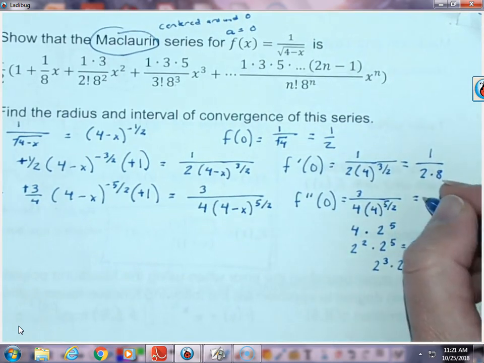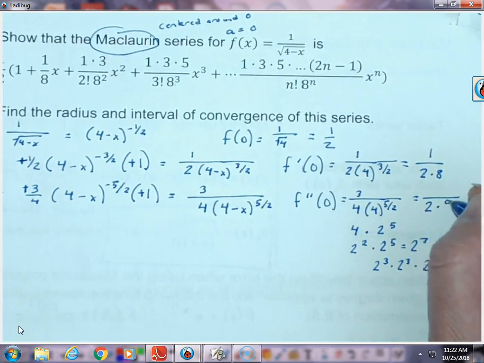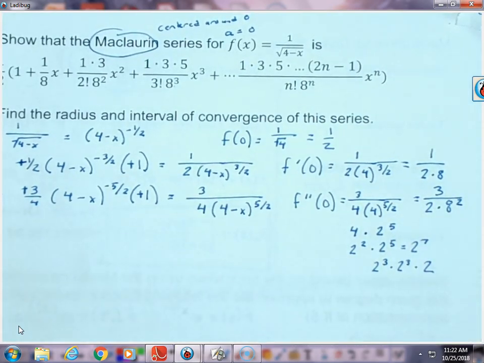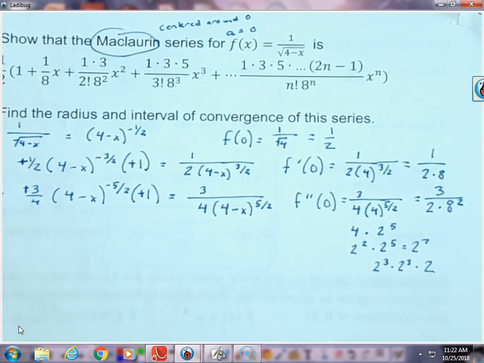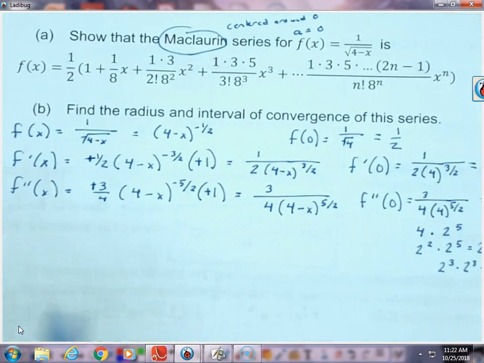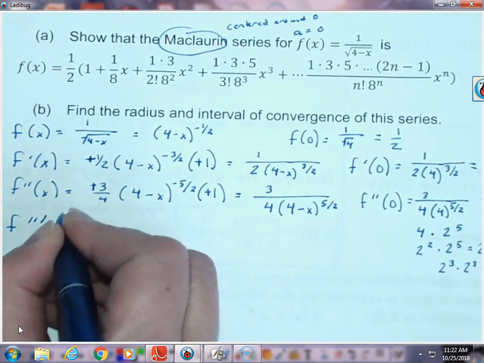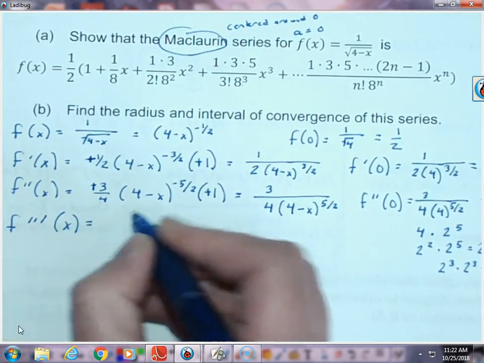Okay, so this guy would be 2 times 8 squared, and that's 3. Now you can do that whatever you want. If you'd rather get the final number, just put it on your calculator, 4 times 4 to the 5/2, and then divide by 8 a couple of times, see how many 8s you can get out of it and what's left. That's also okay. That's just kind of how I thought about it. Alright, so here we go. F triple prime, last one we need actually, would be what?